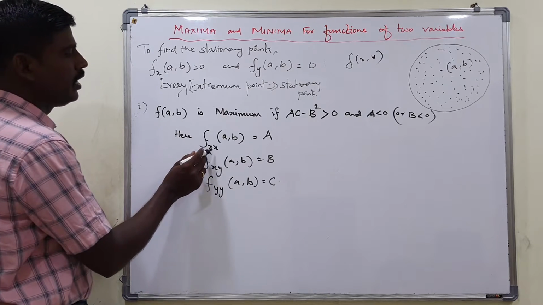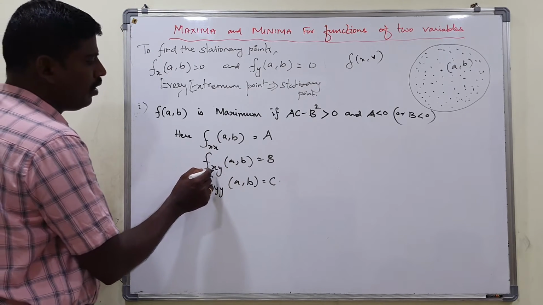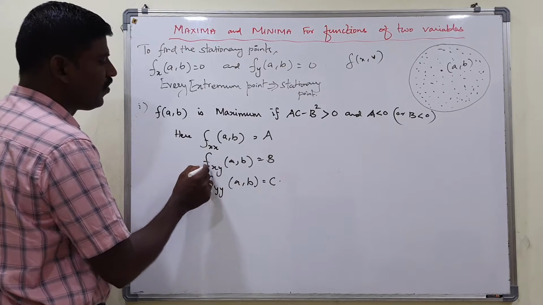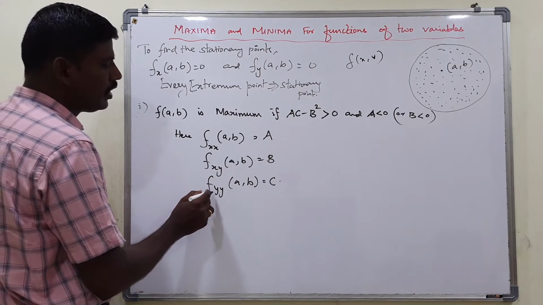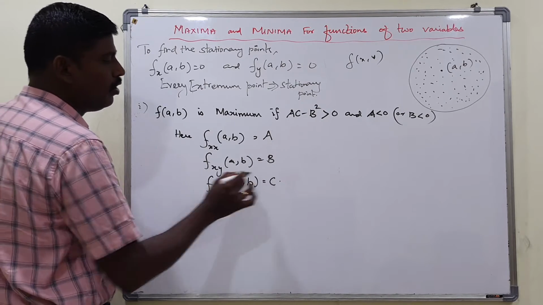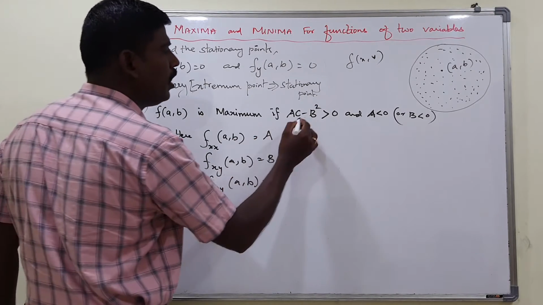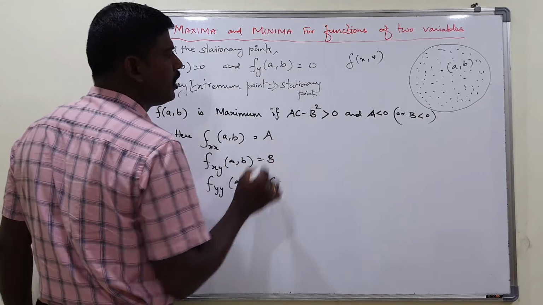So take the second derivatives and substitute the point. Taking the derivative of fx with respect to y partially, we get the value of b. Similarly, taking the double derivative of f with respect to y, we get the value of c. Substitute all the values and find ac minus b squared.